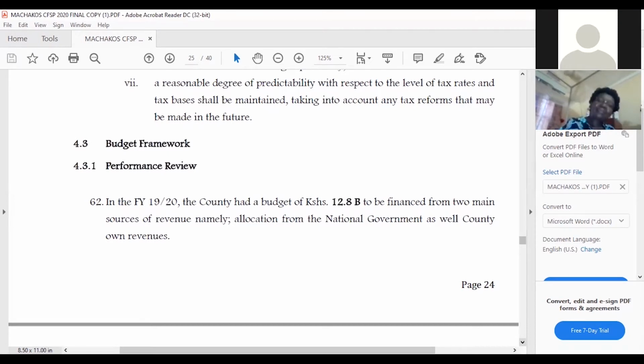Well, it can, but there are laid out frameworks that it has to follow. Yes, that is why each county must have a public debt strategy framework, so that it may guide how it is done.